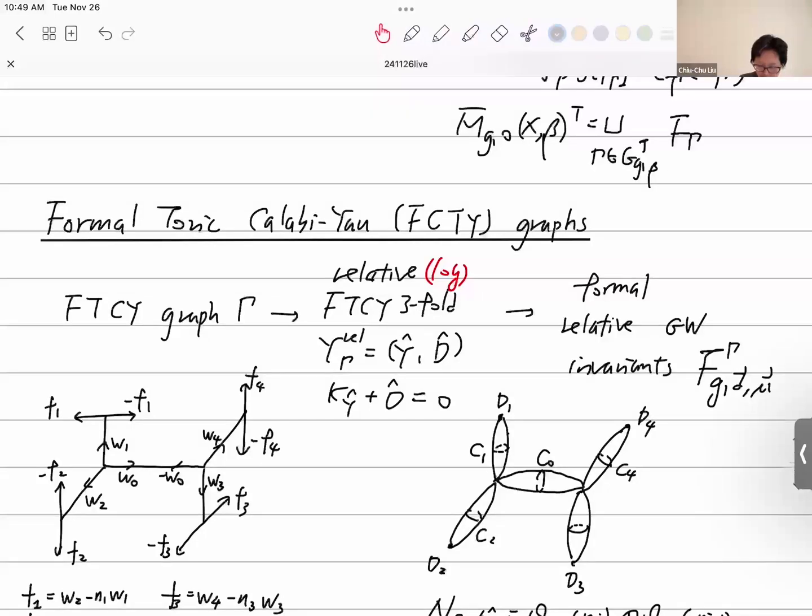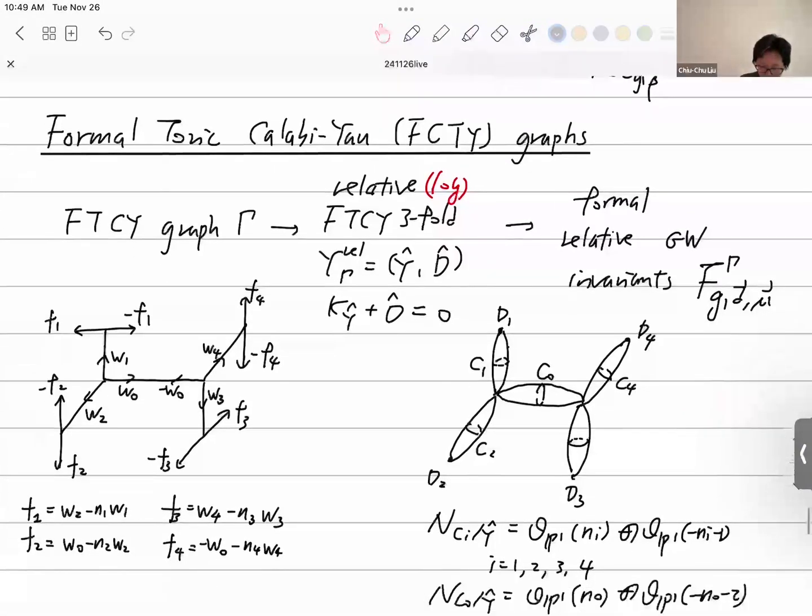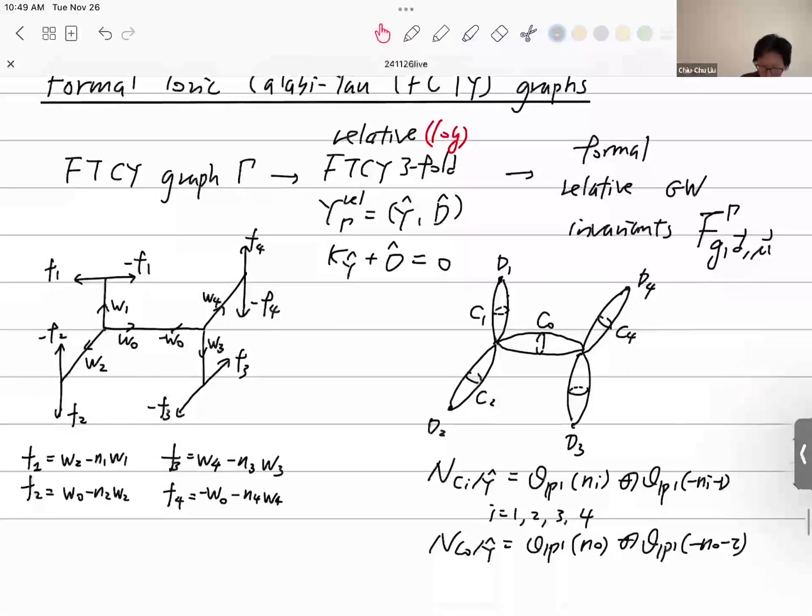This is a component of the divisor D hat. Because of the formal Calabi-Yau condition, the degree of the normal bundle of C1 is -1, and we need to specify the splitting, given by some integer: O(N1) plus O(-N1-1).